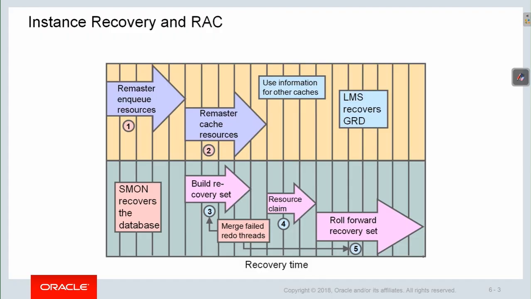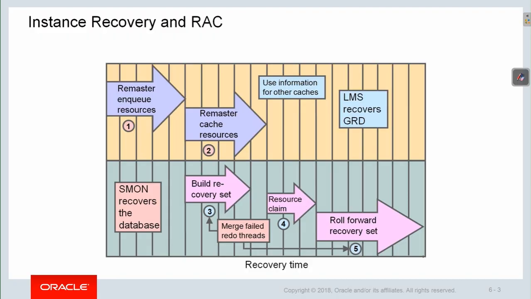So one thing we can see from here is, during instance recovery in a RAC environment, we need some more operations to complete instance recovery. So actually, our scenario above is a RAC metadata recovery process. And a background process called the LMS process recovers the global resource directory object. And then the SMON process recovers the database and builds the recovery set and resource claim and rolls forward the recovery set.